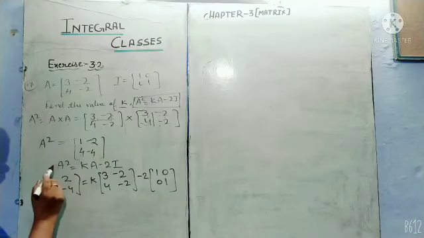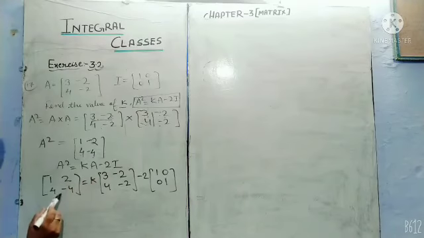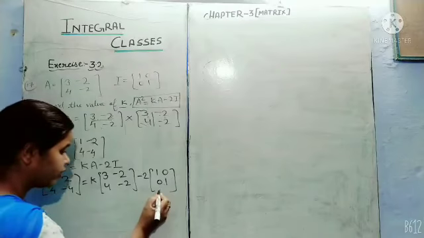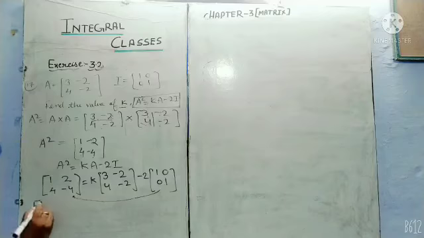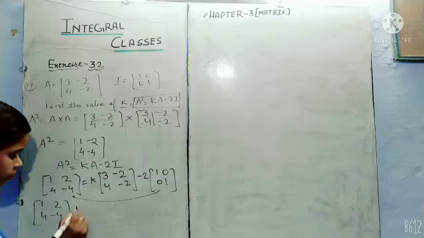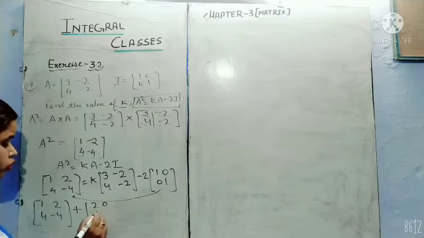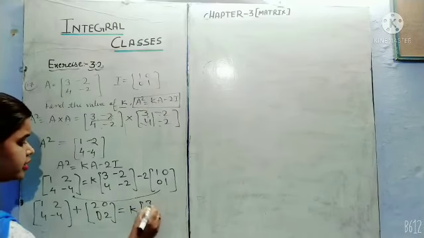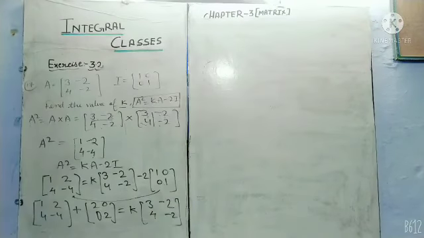Now we have to write here this equation, A square equal to kA minus 2I. Now put the values of A square, A and 2I. Now I will transpose this side here, then it will become 1 2 4 minus 4 and plus 2, so it will become 2 0 0 2, equal to the same as it is. Rest of the terms are the same.